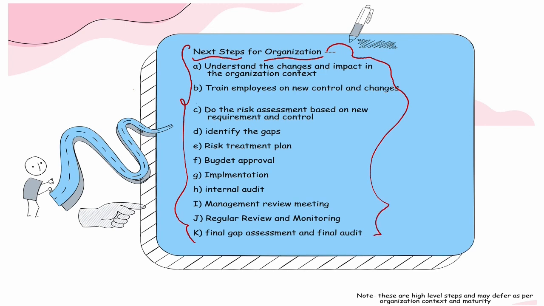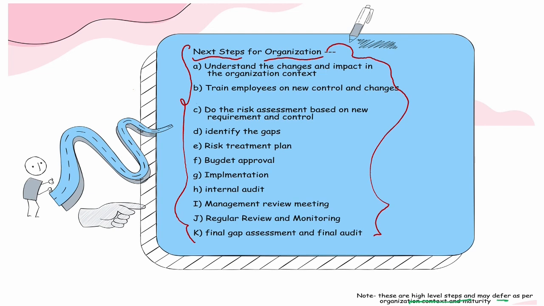These are the high level steps, and I always say that they may differ as per the organization's context and maturity. As mentioned, it depends on the organization context, but what are the high level steps which an organization can take?